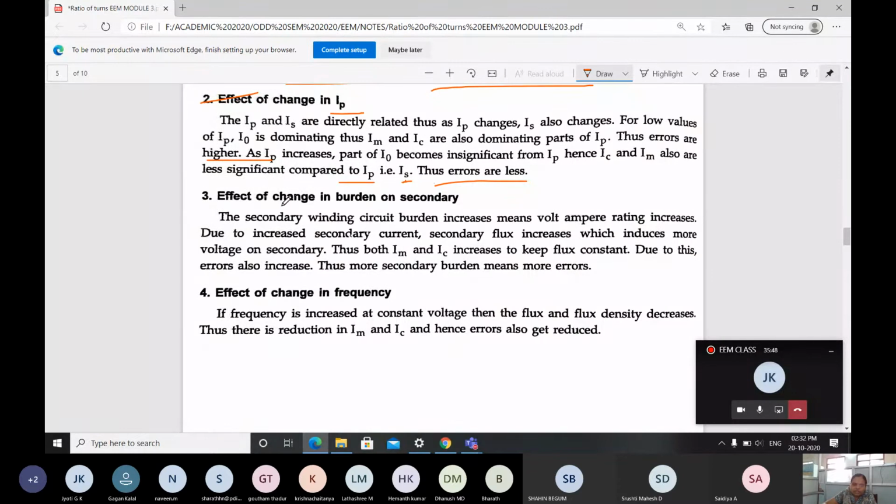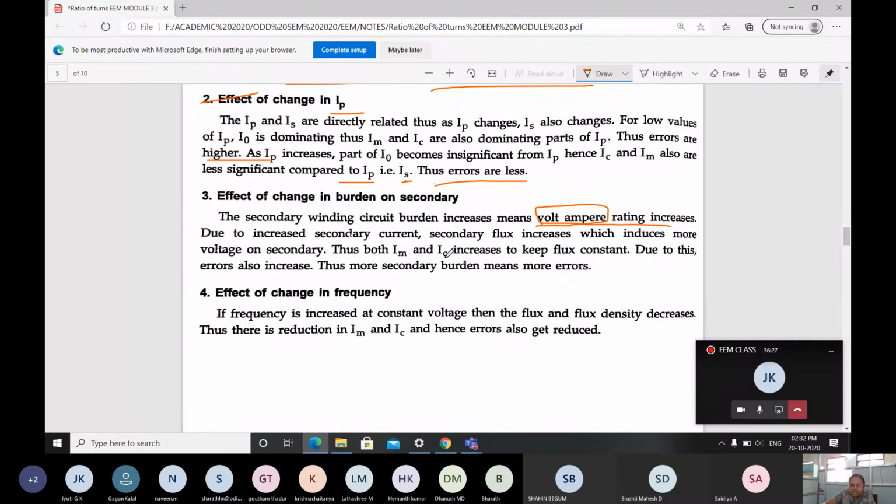Then the effect of change in the burden on the secondary. When the secondary winding burden increases, the volt-ampere rating increases. Due to increased secondary current, the secondary flux increases, which induces more voltage in the secondary.